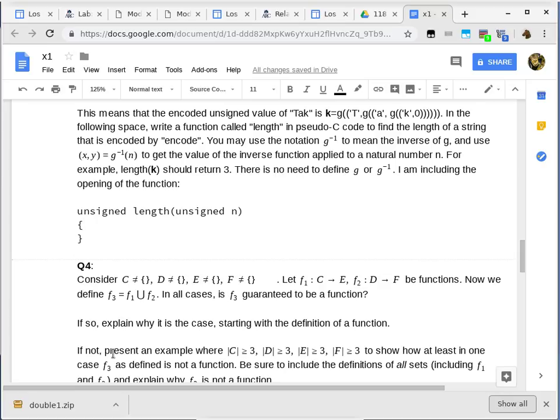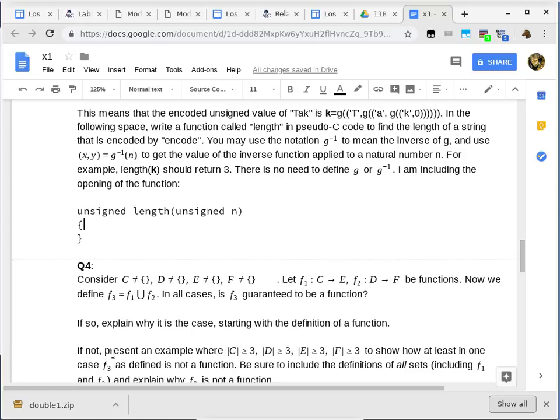Well, if n is non-zero, then you have to apply G inverse to find out what two things n is encoding. The first thing of the G inverse is the actual character. The second thing can potentially be a substring, whatever is to the right hand side. So then you recursively call that and go like, is there a string here?